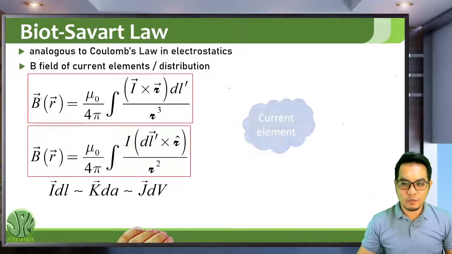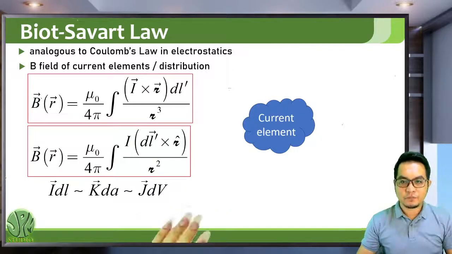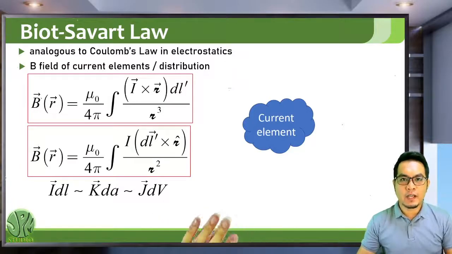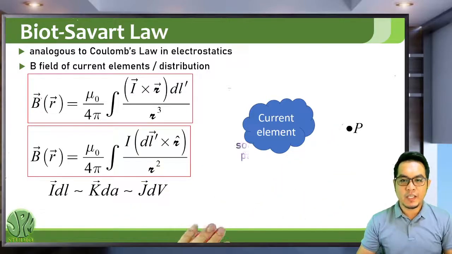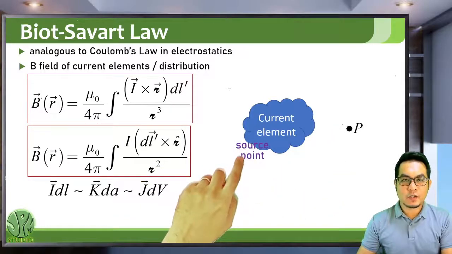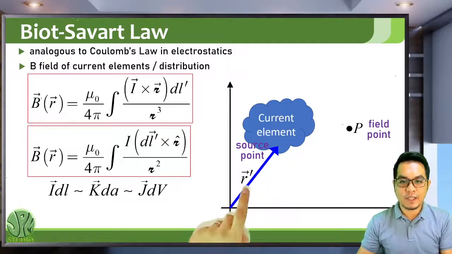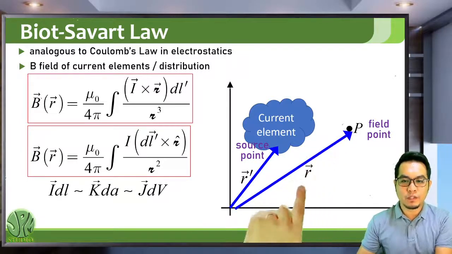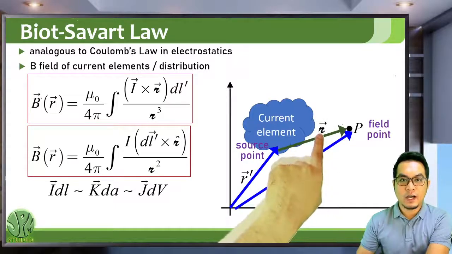In a similar manner with electrostatics, we will try to analyze this using the source and the field components. So if this is your current element and you want to find the magnetic field at point P, then the current element is the source, point P is the field point, and you just need to take the position of the current element, r prime, the source point, and the position of the field point, which is r, and take the separation distance, the curly r vector.